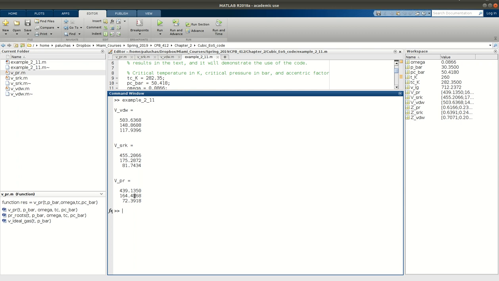So the return of Z and V ideal gas are completely optional.